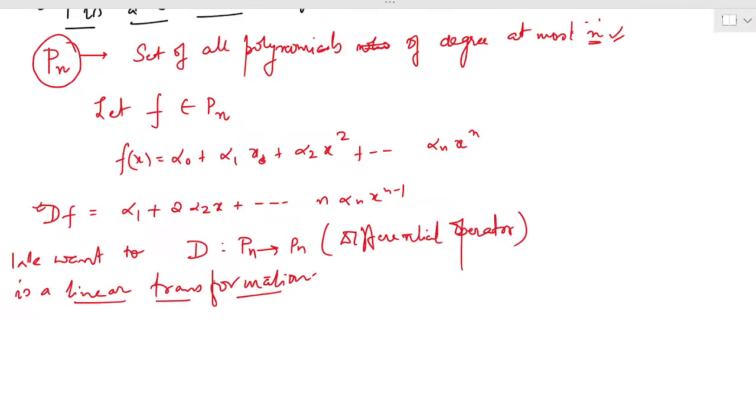Let us show that this operator D from Pn to Pn is a linear transformation.